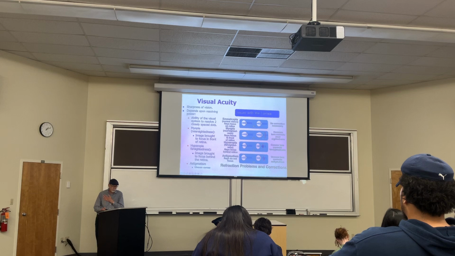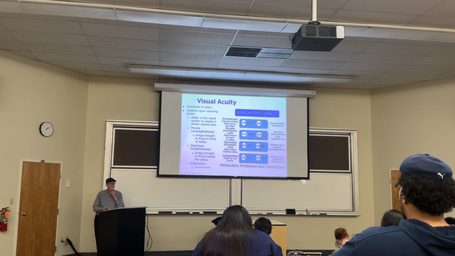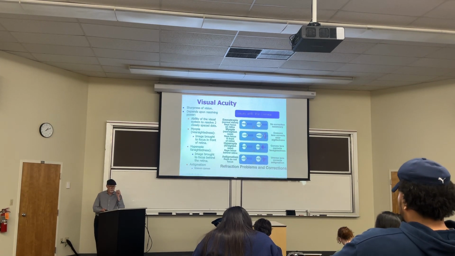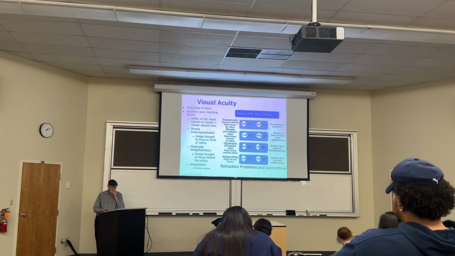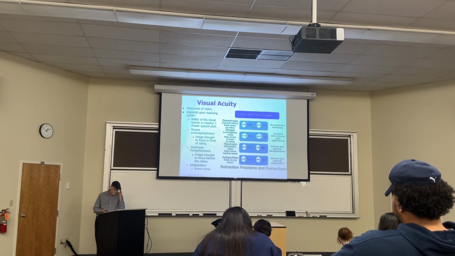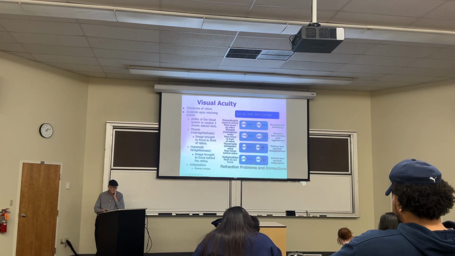To fix this, we could use a concave lens to spread out the light rays, and of course you go to the eye doctor, as many of you have done, and they ask, is this one clear, or is that one clear? So they pick the right power for the lens, and then they set it up, and you have good vision with your lens. This could be glasses, or it could be contact lenses, but it's fixing it in that way.